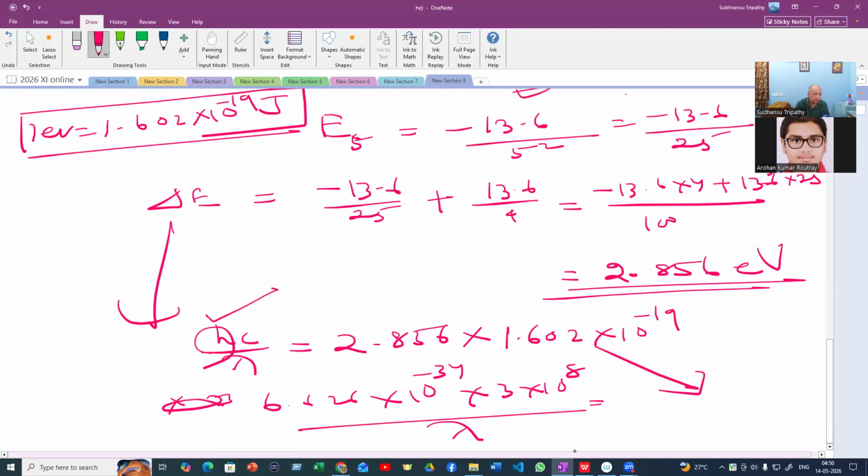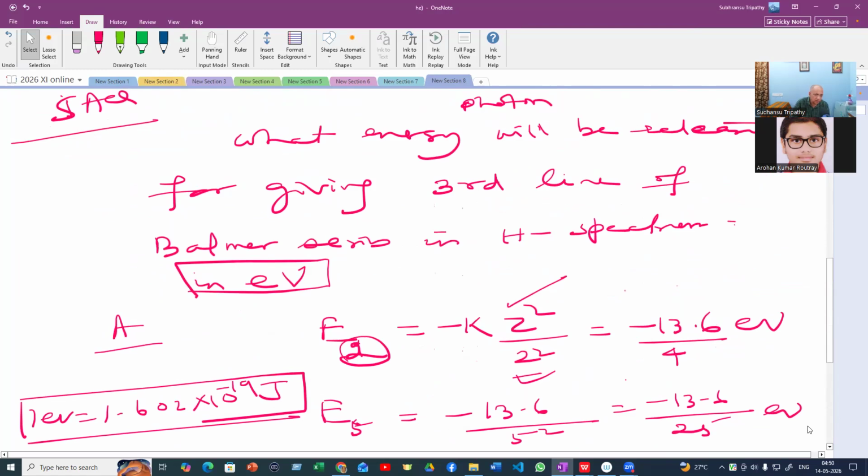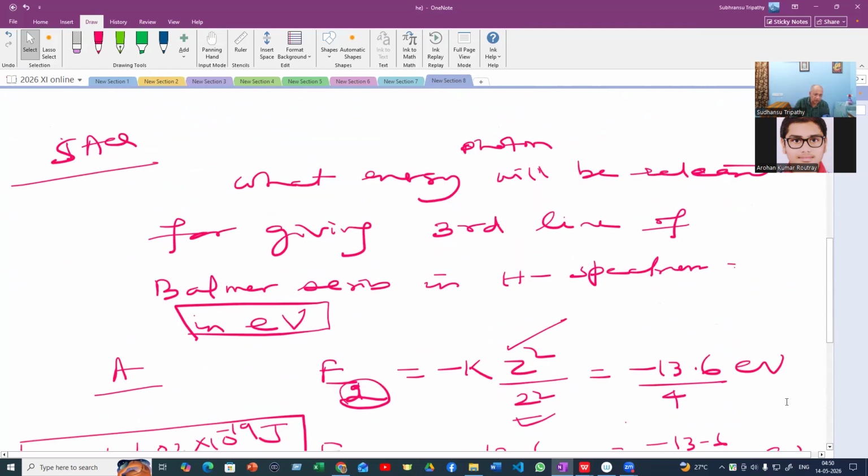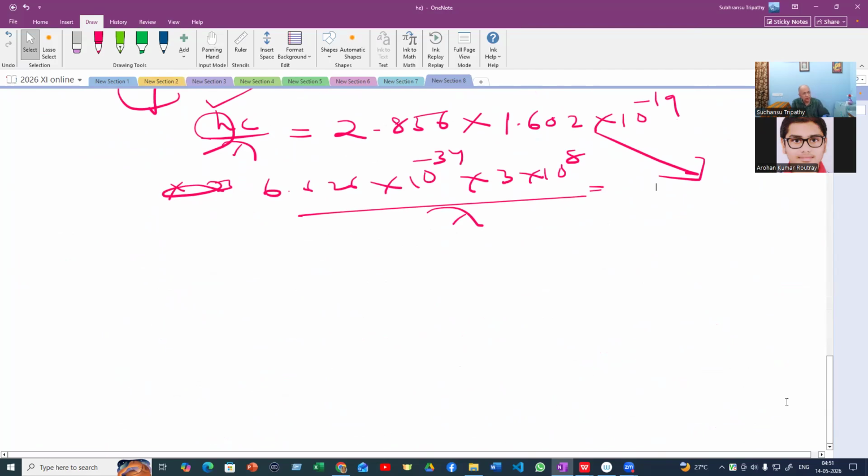That will give you the angstrom value. Can you tell me, this lambda will fall in which region? Look at the question, the third line of the Balmer series, that will fall in which region of the electromagnetic spectrum?